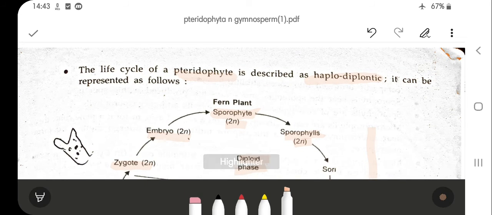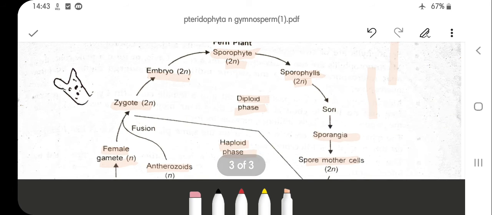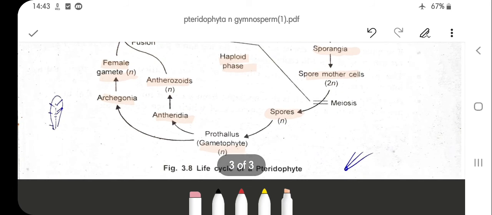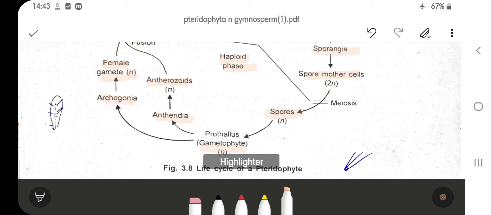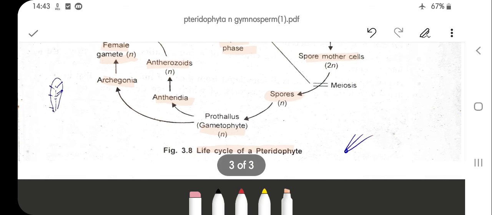This is very important. Bryophytes show the haplodiplontic life cycle, and pteridophytes again show the same haplodiplontic life cycle. This is very, very important.